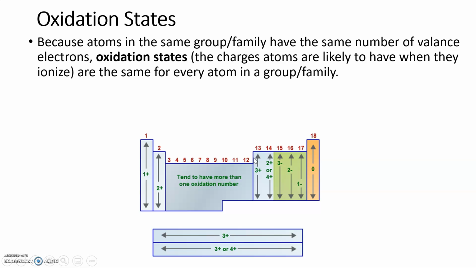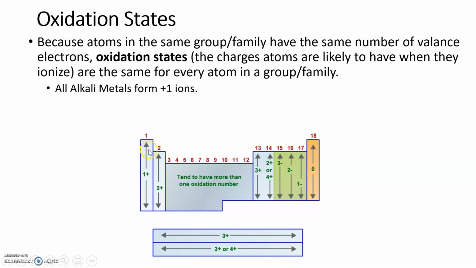So that brings us to oxidation states. These are the charges that atoms are likely to form when they form an ion. Now remember from earlier in this chapter, elements in the same group have the same number of valence electrons. So everybody in the alkali metal family, group 1 here, will have 1 valence electron.